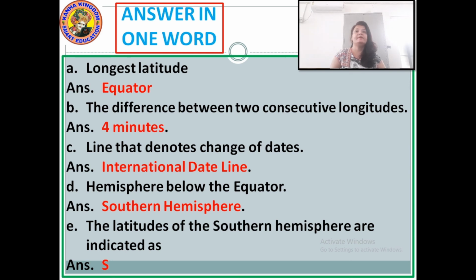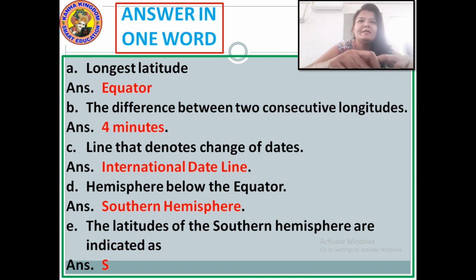Next, number D. Hemisphere below the equator is southern hemisphere.